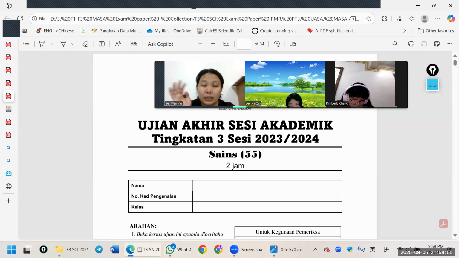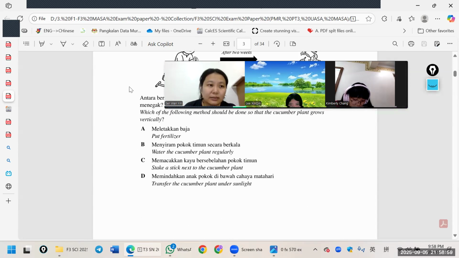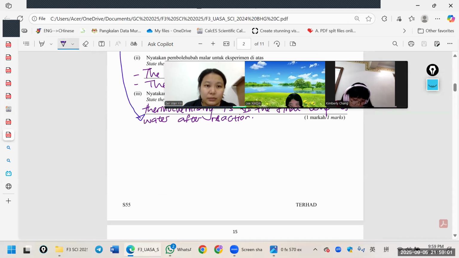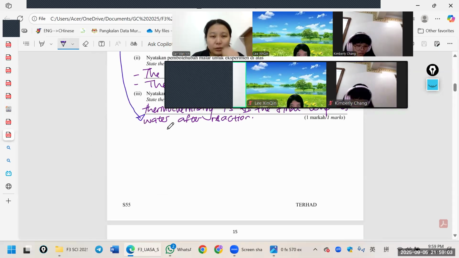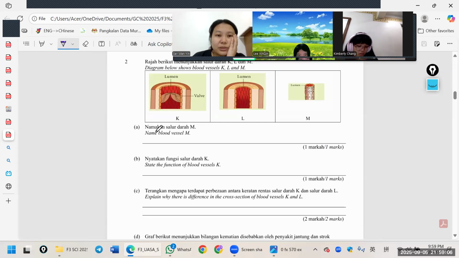Do not refer while doing. Let's say you do this one first. Let's say you say blood vessel M is an artery. But after that you check and see that artery is wrong, it should be vein. Please mark it yourself.